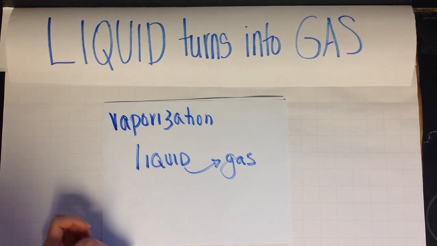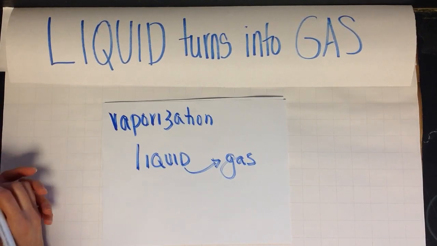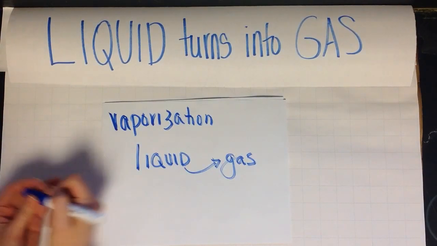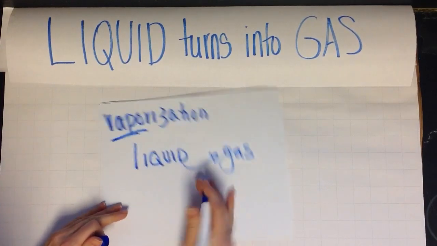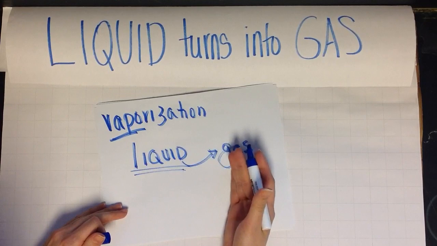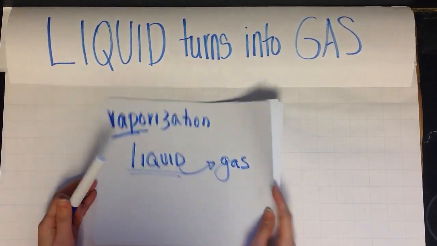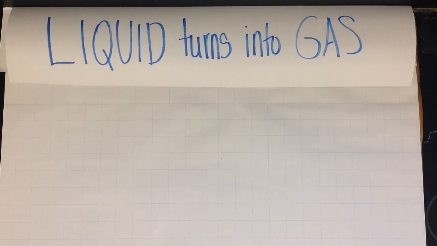There are many things that are gases at room temperature, such as oxygen. Those are more appropriately called gases, whereas a vapor has to start off as a liquid at room temperature and then involves heat to turn into a gas. That is vaporization. So they're very similar concepts.